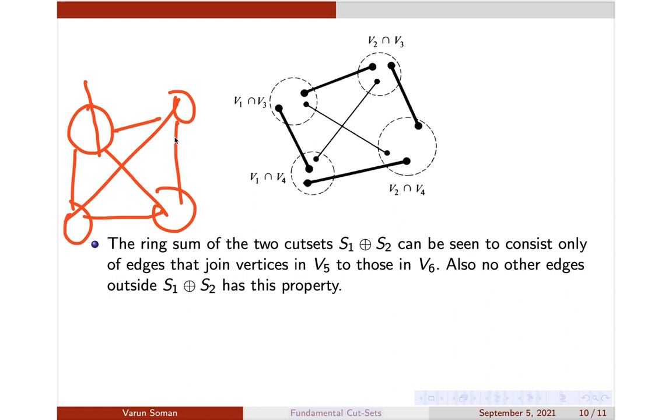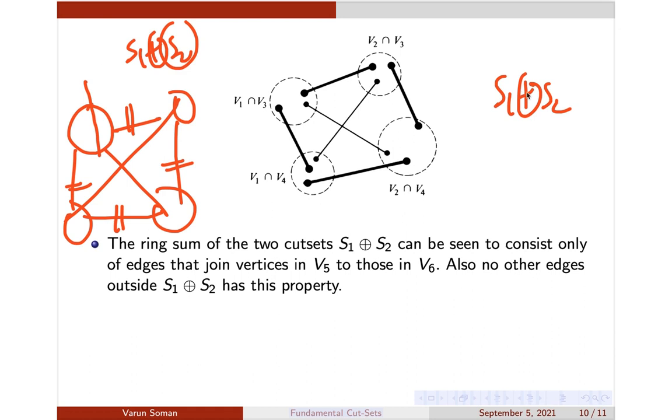That means this S1 ring sum S2 will have some edges which will disconnect V5 and V6 fully, and also some edges which can disconnect this V5 also. So S1 ring sum S2 will have some edges which will disconnect all the connections between V5 and V6, and also there can be some edges which can disconnect the connections within V5.